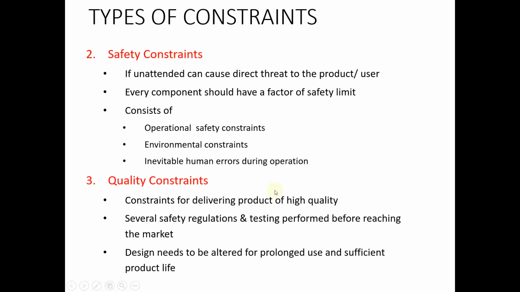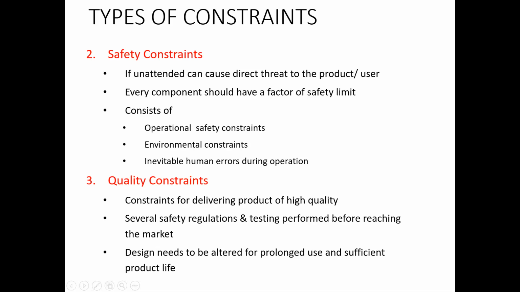The next type of constraints are the constraints that are related with the safety of the product. Safety constraints means if we are not giving attention to such constraints, whether it will cause any harmful effect to the end user or to the product. So every product that the end user uses should be designed with a factor of safety.